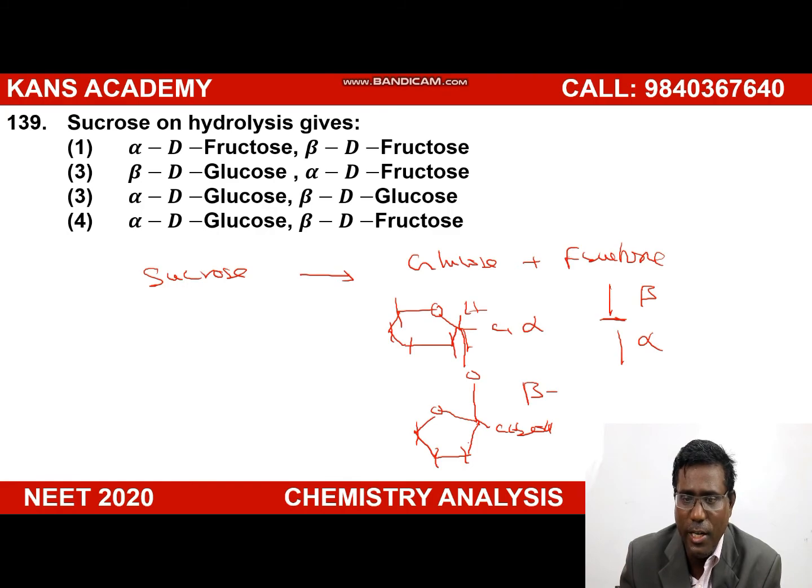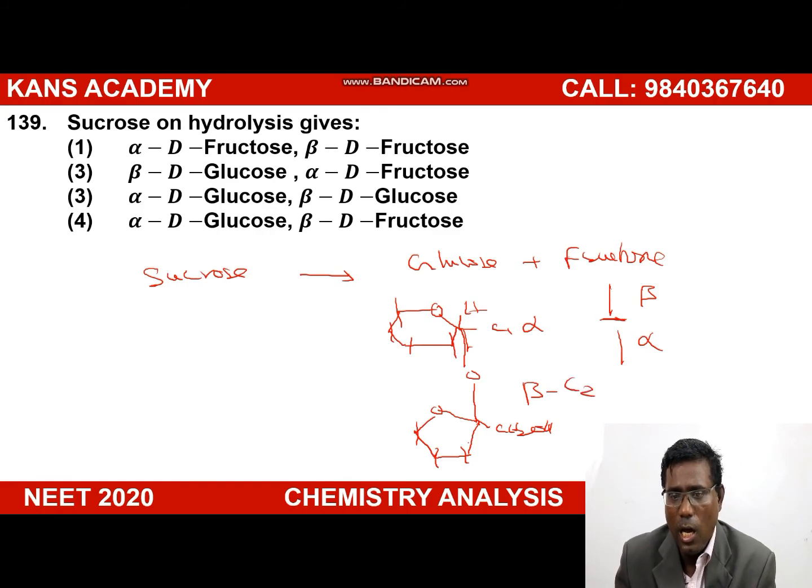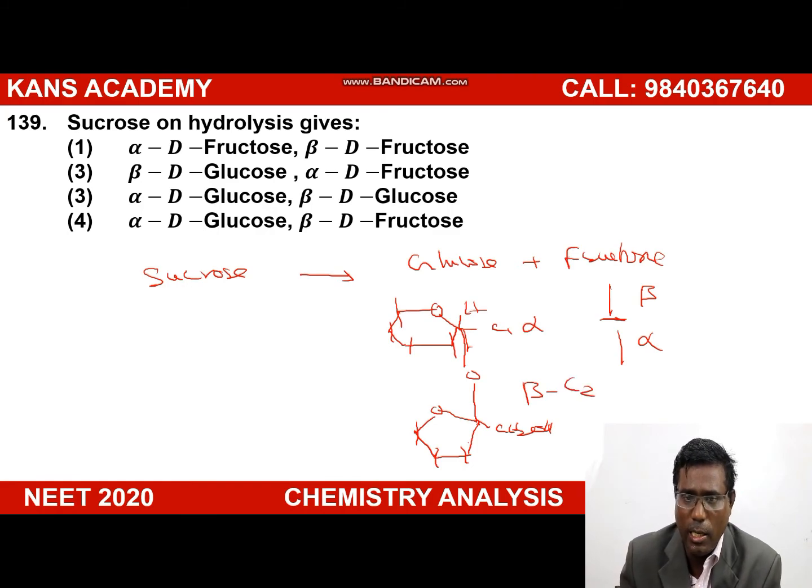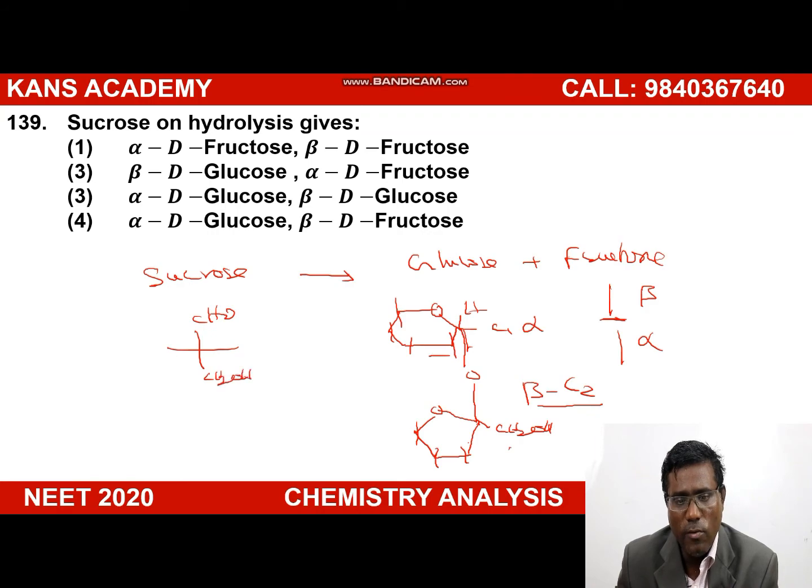So alpha carbon of glucose, beta carbon of fructose. Both alpha D and beta D are dextrorotatory. If you take glyceraldehyde, CHO, CH2OH, with the hydroxy group on the right side, then it will become D. Capital D is no way related to small d.